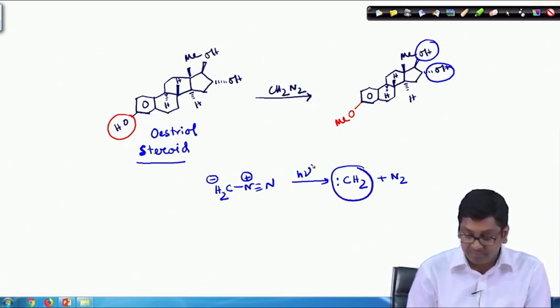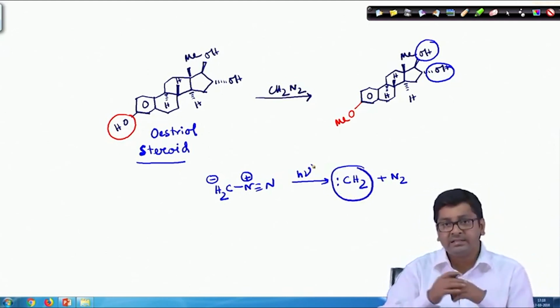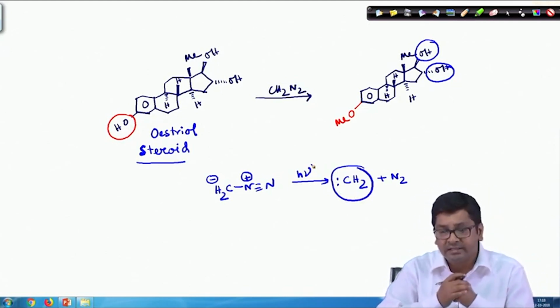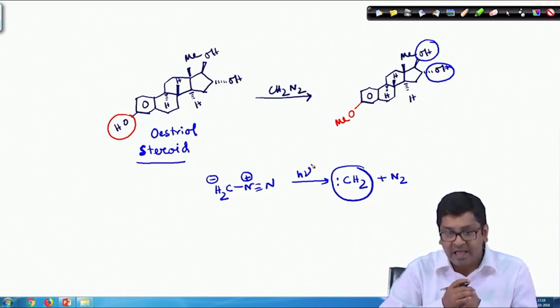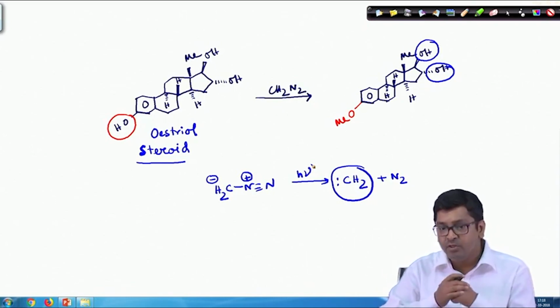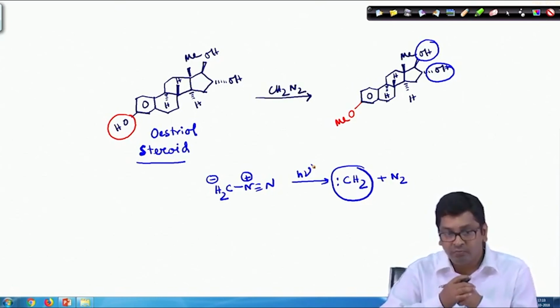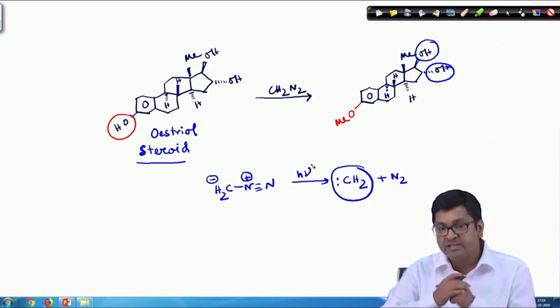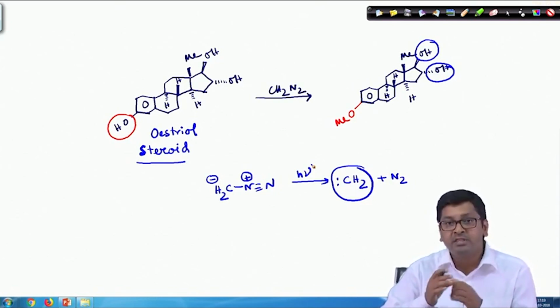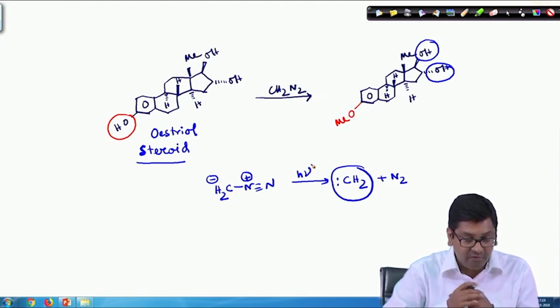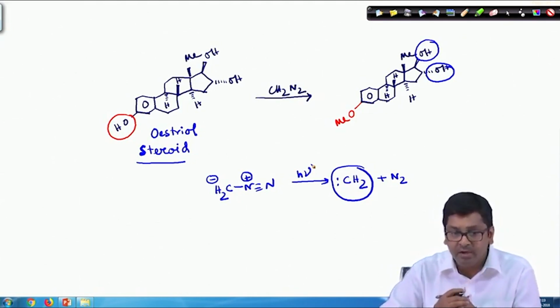Okay. But as we have discussed in my previous class, diazomethane as a carbene precursor, even though it is very much useful, in lots of cases we found that generation of this type of diazomethane is very tricky. Why? Because these have a lot of limitations.